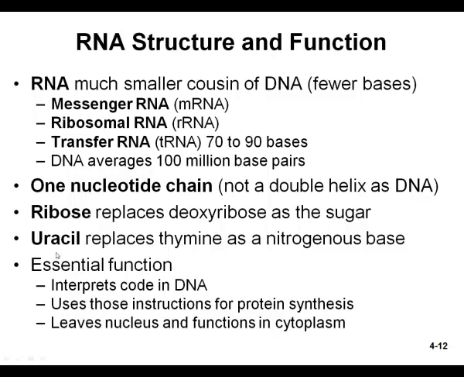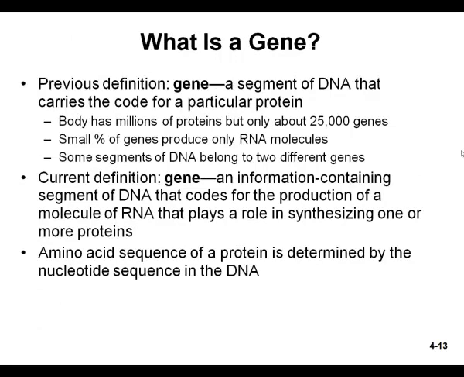So uracil is the only difference when we come to the nitrogenous bases between the two nucleic acids, the RNA and the DNA. On the other hand, the RNA is a single-stranded structure, whereas the DNA, as we know, is double-stranded.